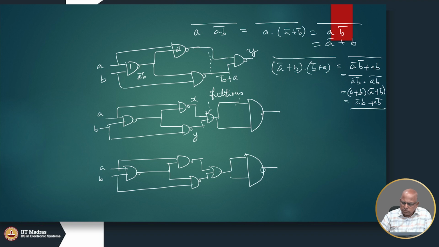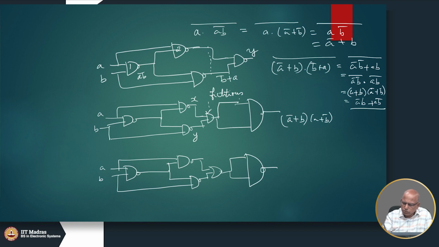If there is a bridge which is an AND bridge, we have already seen what X is. X is A bar plus B, and Y is A plus B bar. So these are getting ANDed here, and that is being inverted.